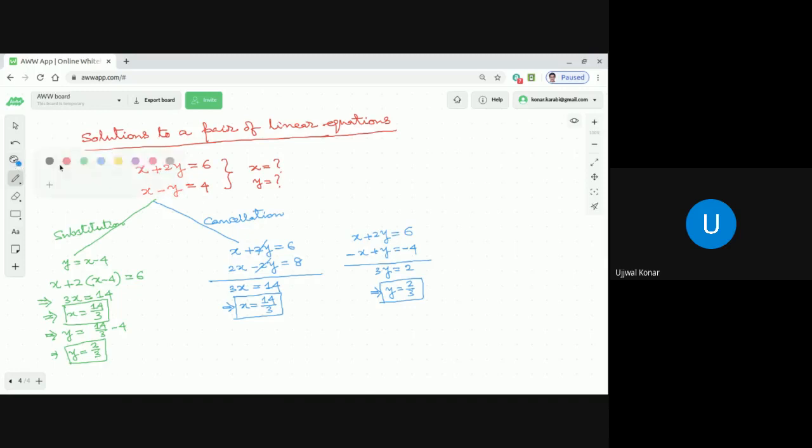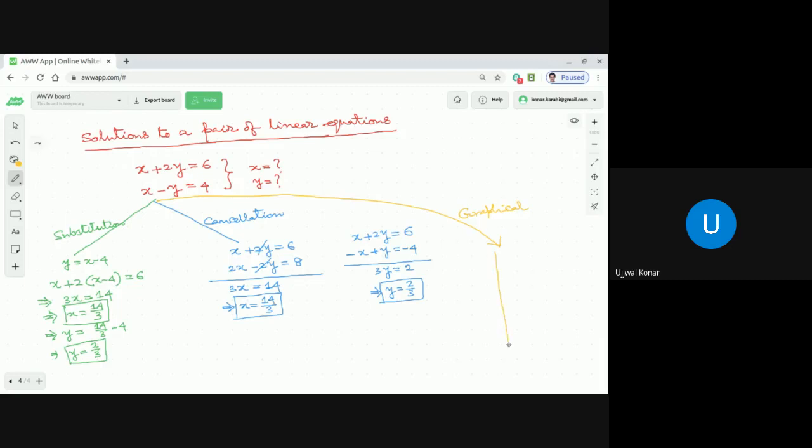So let me use a different color. Here you can see the graphical method. So what will we do first?